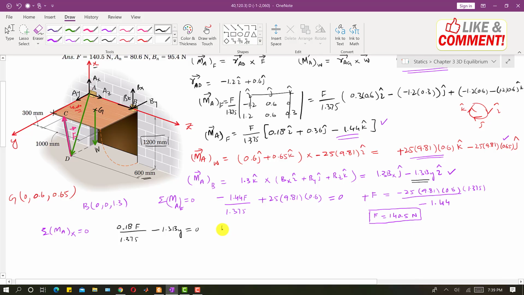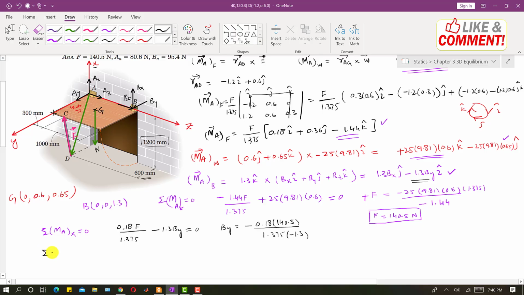So I will write By, and this will be minus 0.18, and now we know the magnitude of F. So F magnitude is 140.5 divided by 1.375 and divided by minus 1.3. So this will give us the reaction along Y at this hinge B.